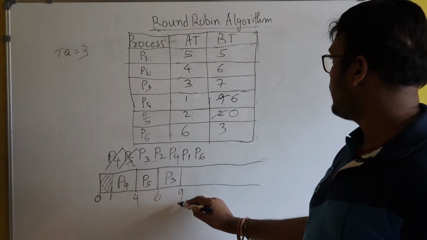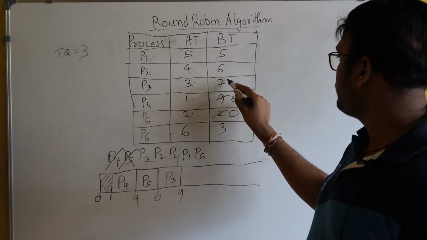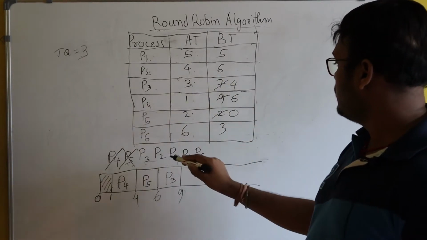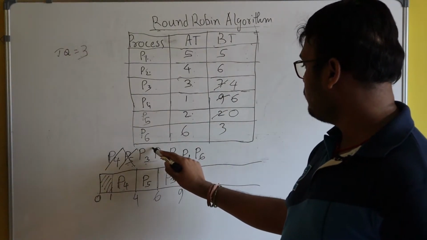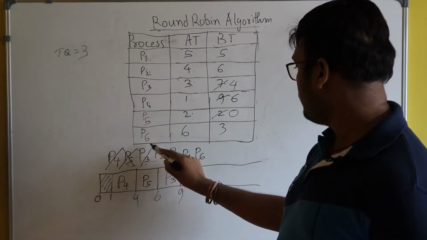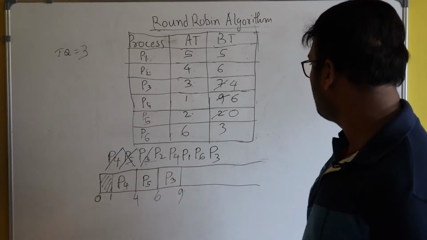So 6 plus 3, 9. So here, how many seconds left? 4 seconds left. 7 minus 3, 4. Since P3's task is not over, I will remove P3 from here, and P3 will come and sit here. Fine.